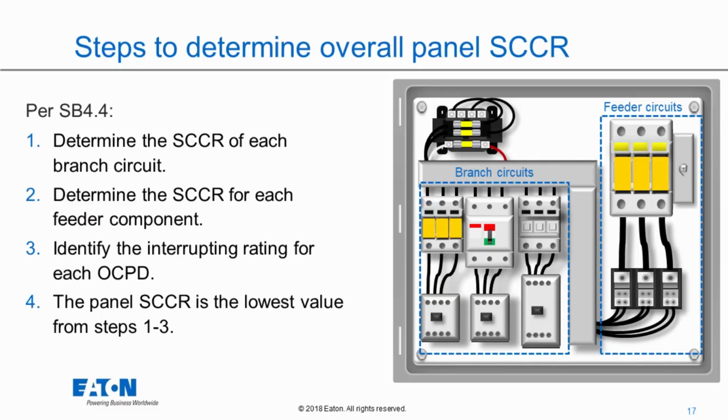Step 2 is to determine the short circuit current rating for each feeder component. Step 3, identify the interrupting rating for each overcurrent protective device. And then step 4, everyone's favorite step, pick the lowest value from steps 1 through 3, and that is your panel short circuit current rating.